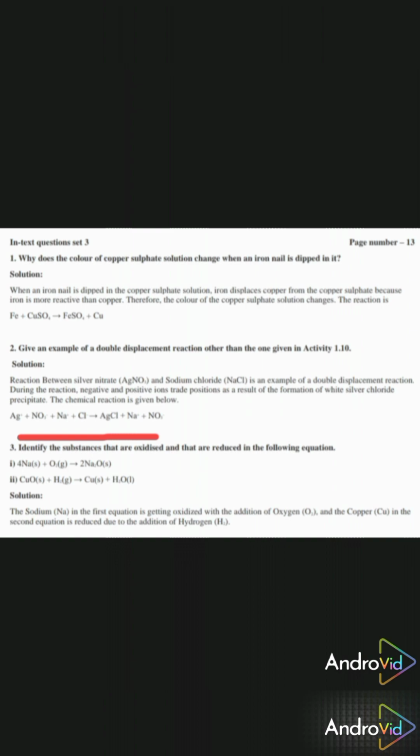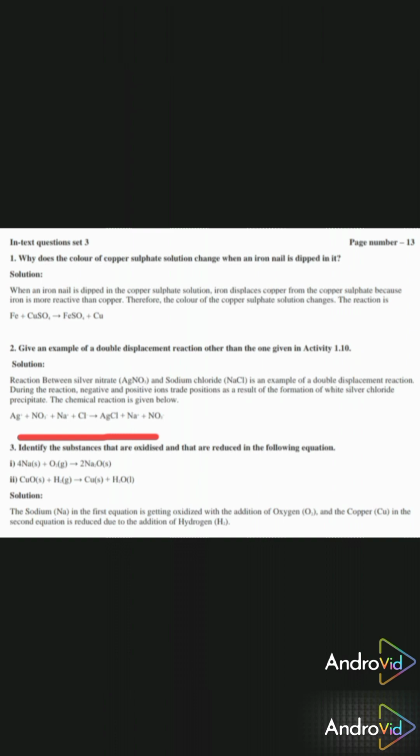This is the best example for a double displacement reaction. When they react, they separate into ions, that is Ag plus, NO3 minus, Na plus, Cl minus, which then combine as AgCl, while Na plus and NO3 minus remain present as ions.